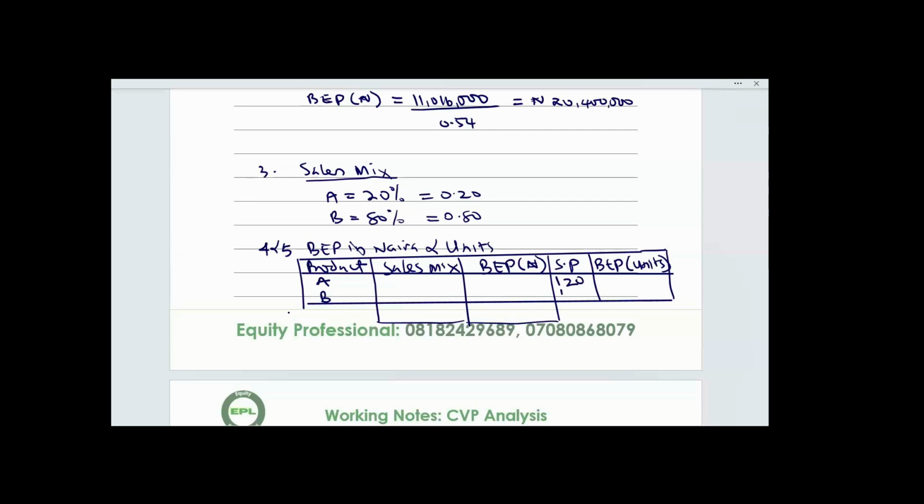Selling price of product B has reduced to 160. The sales mix is 0.20, 0.80. Then we want to share the overall break-even point in Naira, which is 20,400,000.